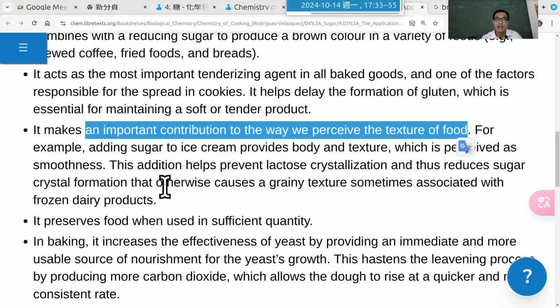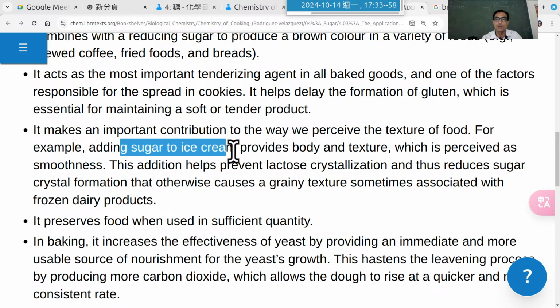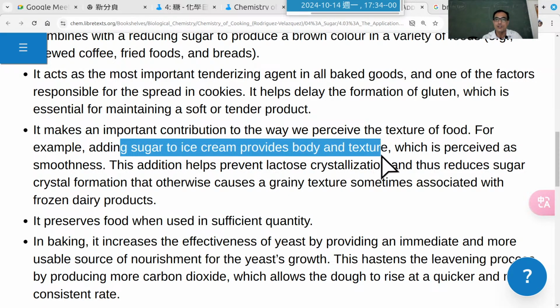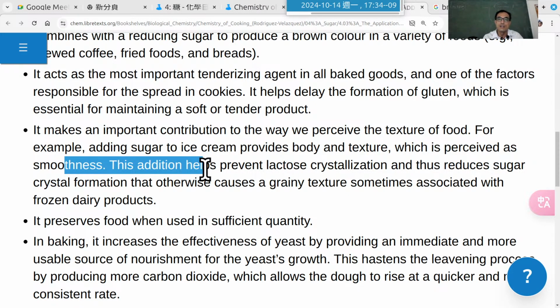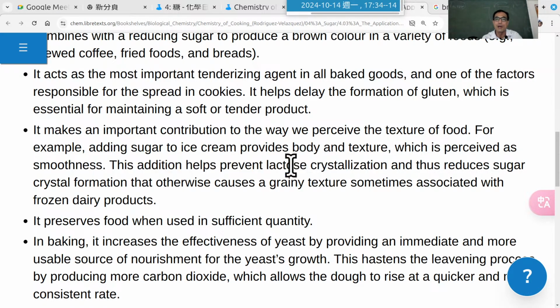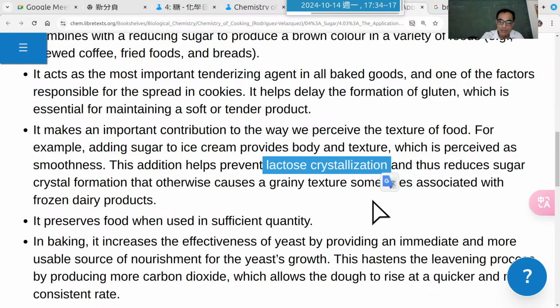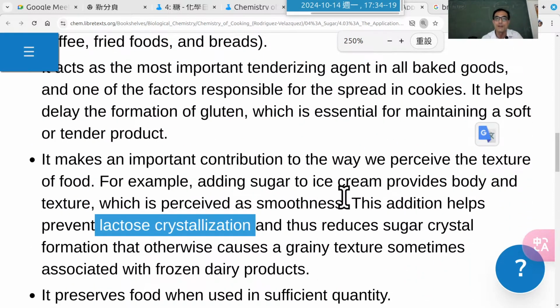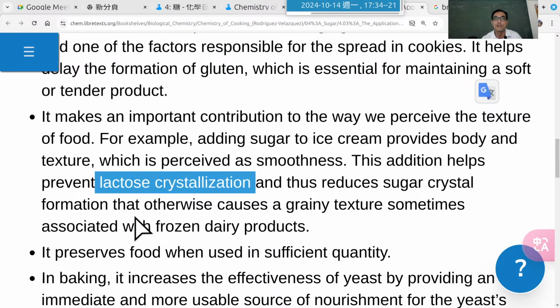For example, adding sugar to ice cream provides body and texture, which is perceived as smoothness, and the addition helps prevent lactose crystallization. When I was a college student, the professor emphasized this part because dairy product is the most important ingredient in ice cream.